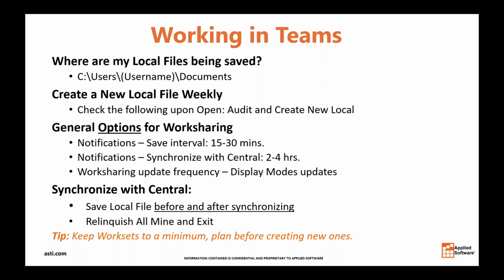They were there from 6 in the morning till about 3 or 4 o'clock in the afternoon, and we had 3 users doing 8 to 10 hours' worth of work, and at the very end of the day when they left, they were hitting synchronize to central. All of them were at the same time, bogging down the network and the process, and they were experiencing lots of corruption. So once they staggered out, they saved, but also saved frequently.